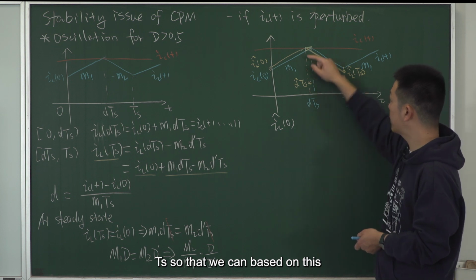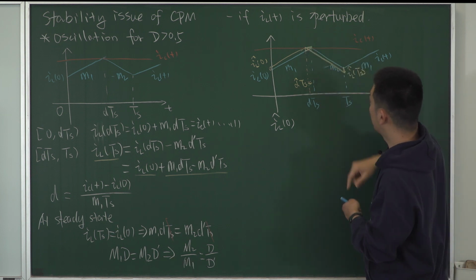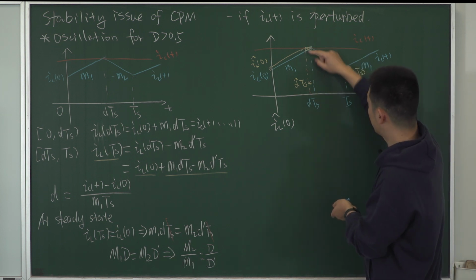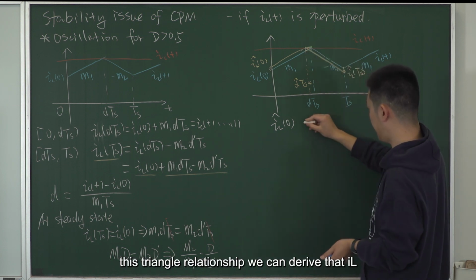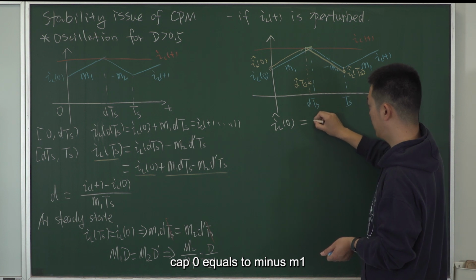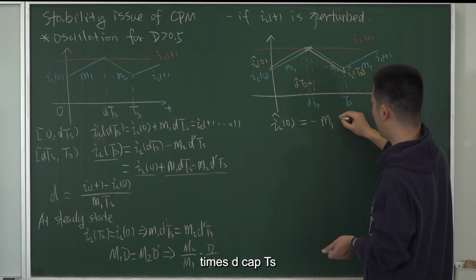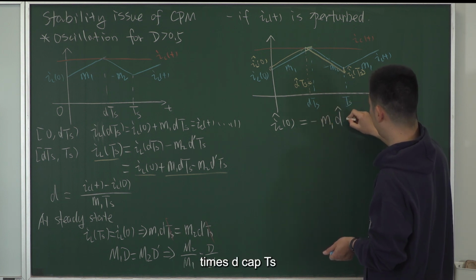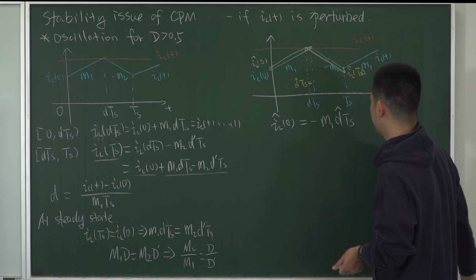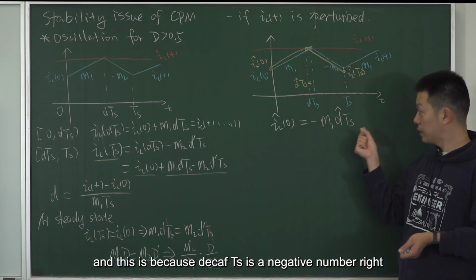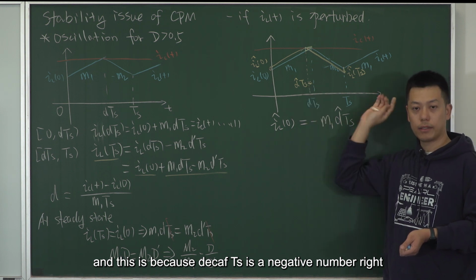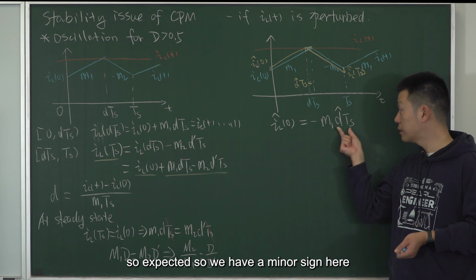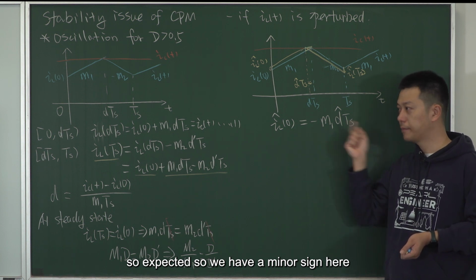Based on this triangle relationship, we can derive that IL cap 0 equals minus M1 times d cap Ts. This is because d cap Ts is a negative number, pushed to the left-hand side, so we have a minus sign here.